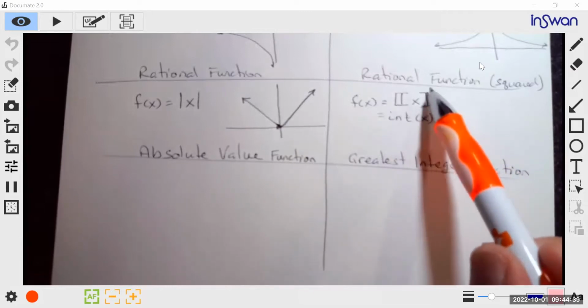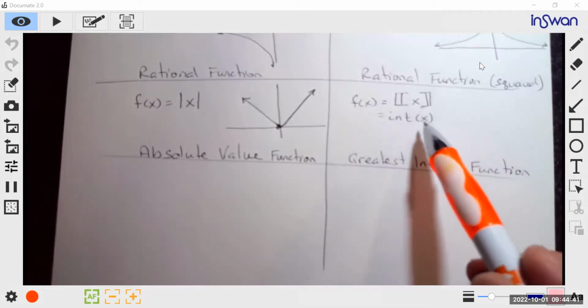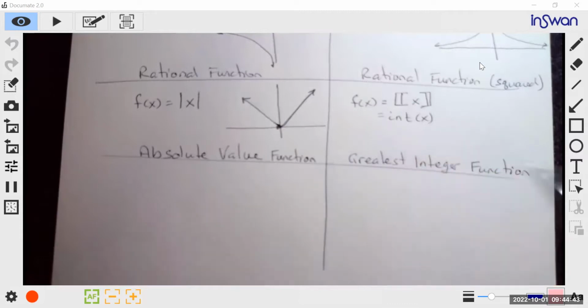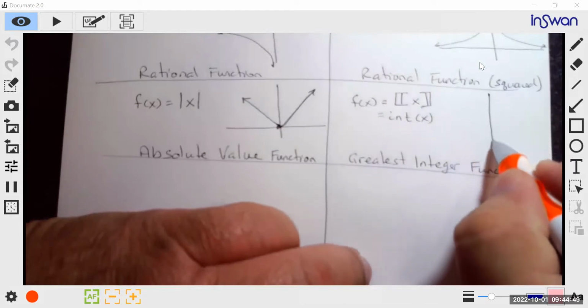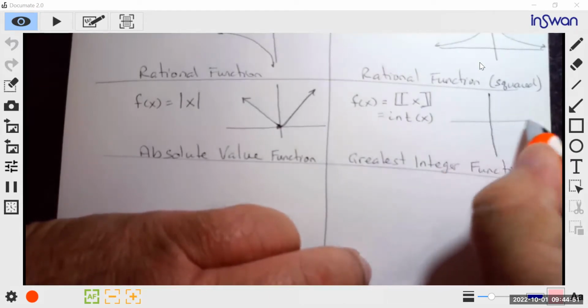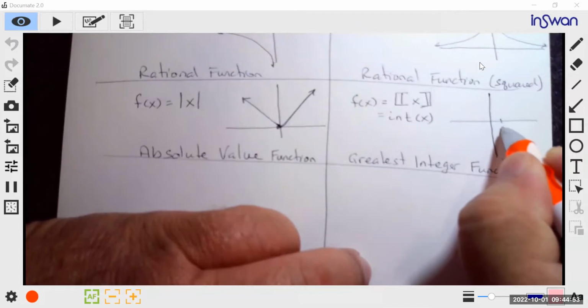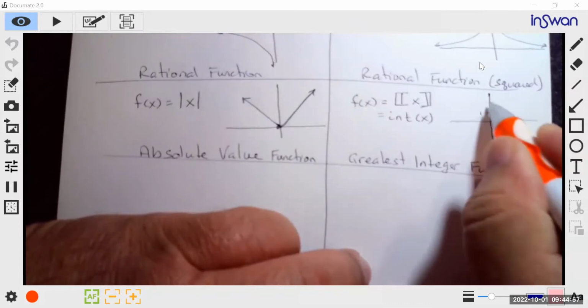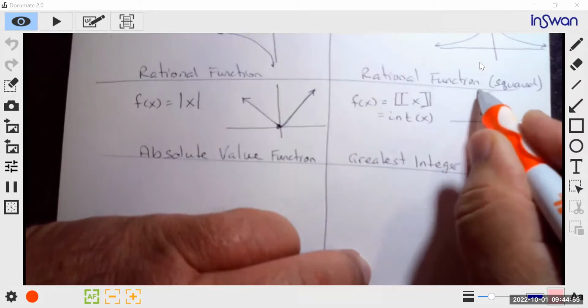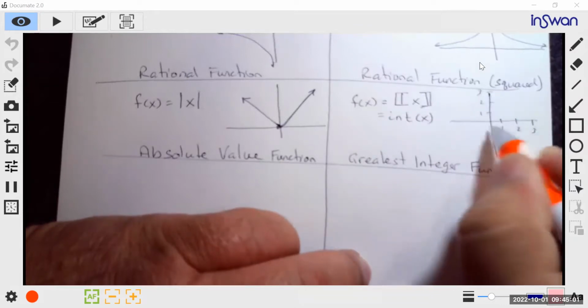You can see it with these brackets with these big bars in the middle, or you can see it with INT(x), integer X. What this one says is you don't have any decimals.